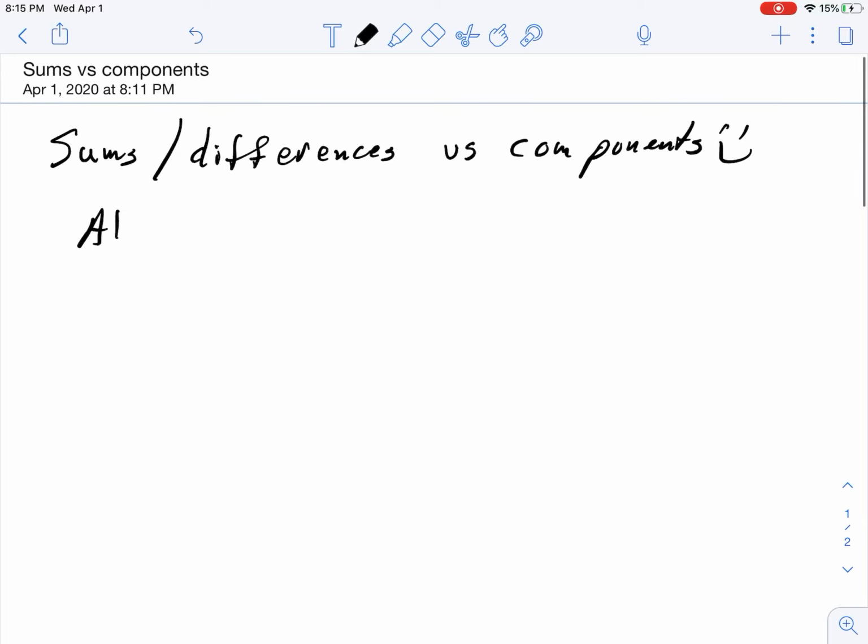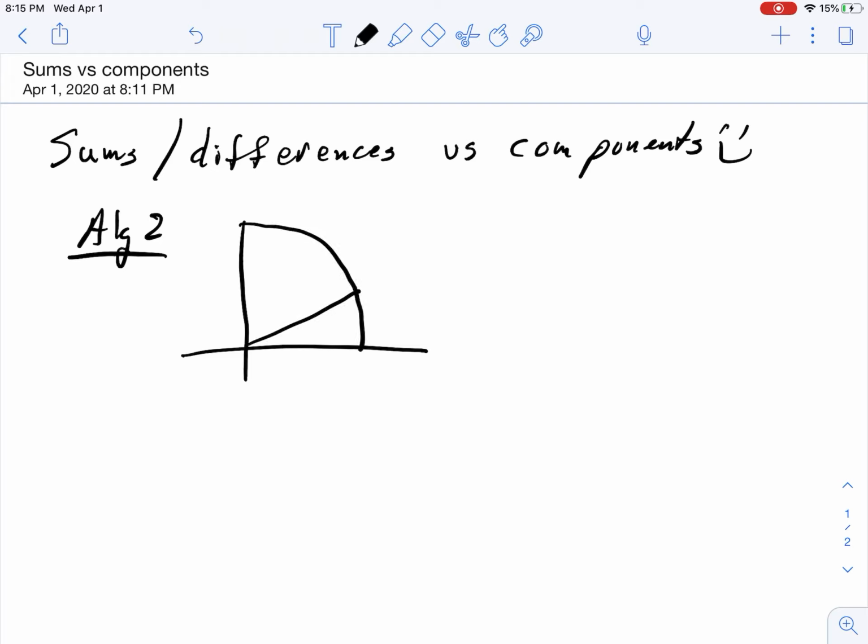So let's start off in terms of Algebra 2 first, and a little trig, obviously. Let's look at the unit circle. I'm going to take some nice ones that we can use here. Let's say 30 degrees, whose components would be root 3 over 2 and 1/2.